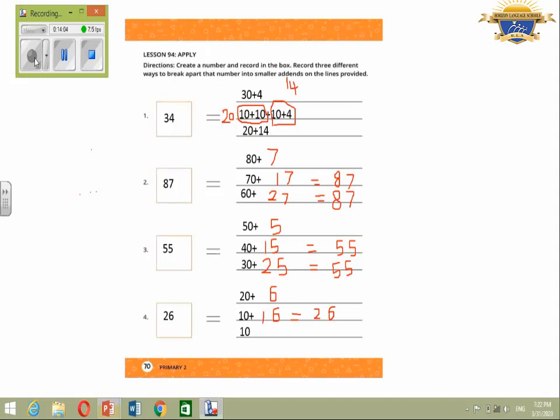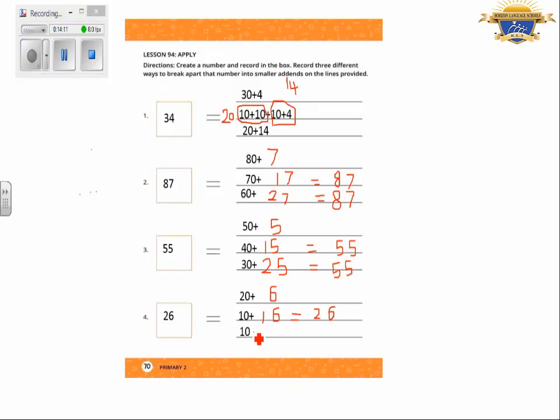So if you can see that number 20 has 2 tens, I can decompose those 2 tens into 10 plus 10 plus 6 because I have 6 here in ones. So this is another way to decompose number 26.